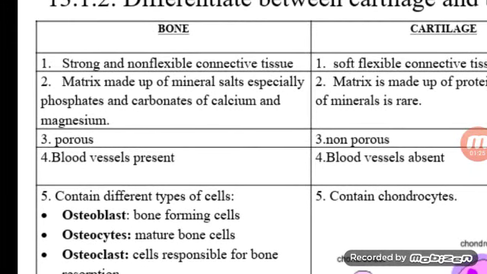Second is matrix, the difference in structure. In bone, matrix is made up of mineral salt, especially phosphate and carbonate of calcium and magnesium.